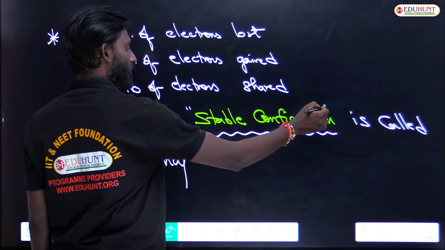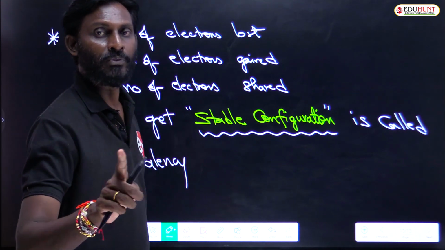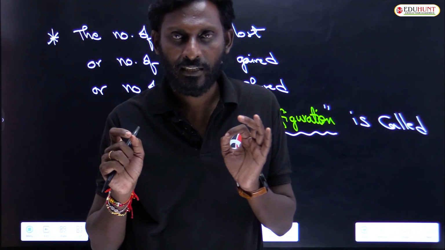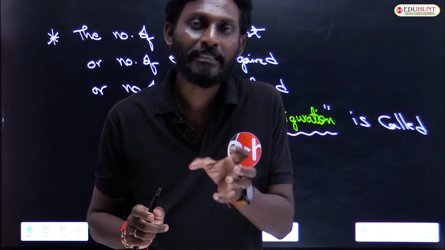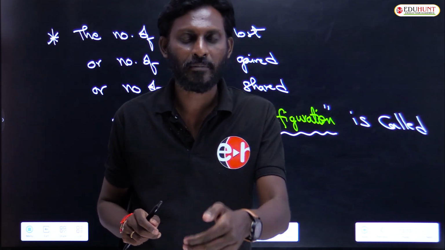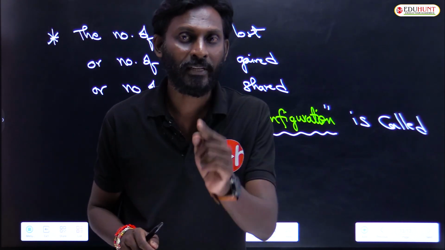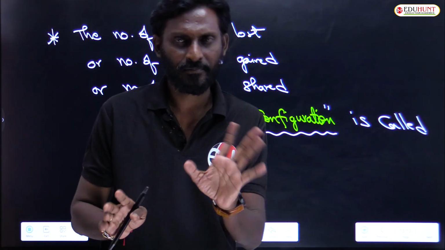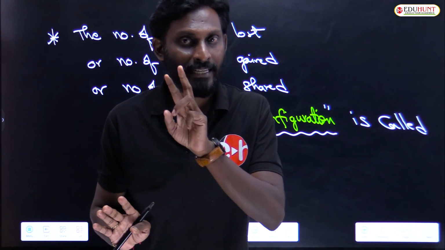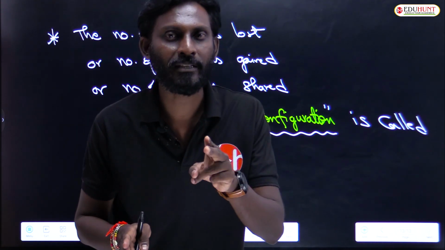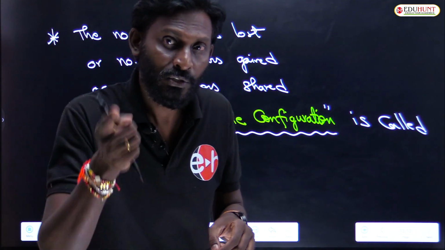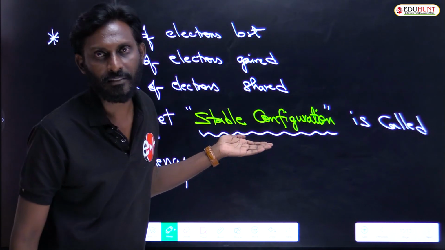So simply, if you want to determine the combining capacity or valency of an atom, you have to look at how many electrons the atom has lost, how many electrons the atom has gained, or either loss or gain, doesn't matter, or how many electrons the atom is sharing to get a stable configuration.